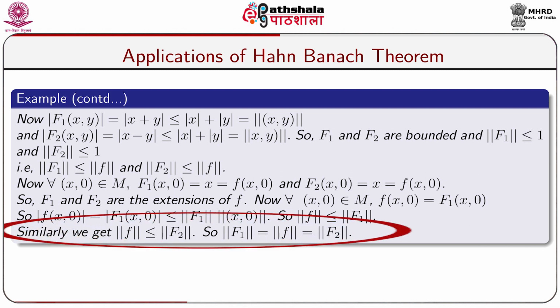Similarly, we get norm of small f is less or equal to norm of capital F2. So, norm of capital F1 is equal to norm of small f is equal to norm of capital F2. This means that the extension of small f is not unique, but it has preserved the norms with the extensions capital F1 and capital F2.